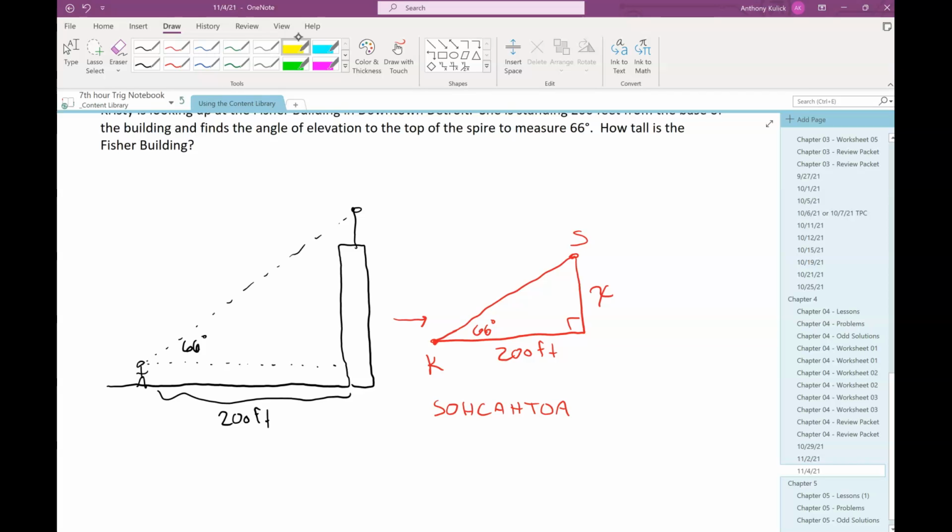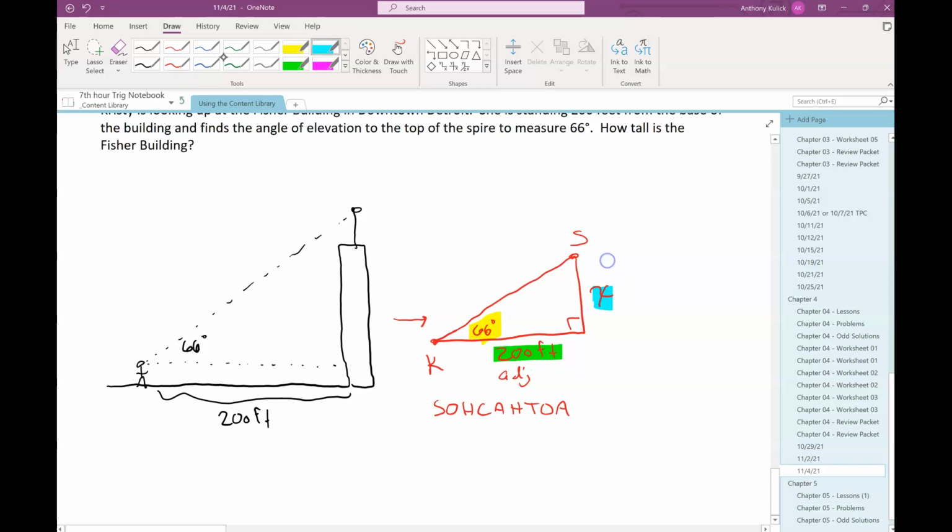So to figure out which one I need, sine, cosine, or tangent, I'm going to consider the angle that I know. Relative to that angle, is the side I know opposite, adjacent, or hypotenuse? Adjacent, because it's part of the 66-degree angle.